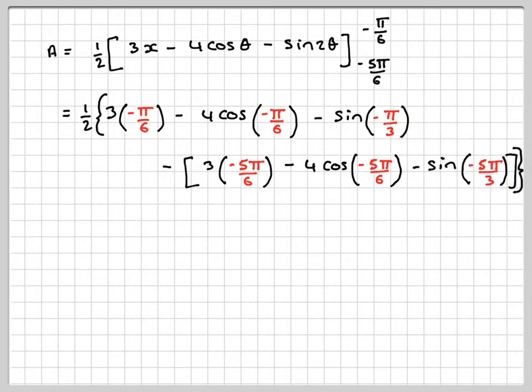Notice here, when we multiply this by 2, we get minus 2 pi by 6, which is minus pi by 3. Right, so it's going to give me a half of 3 times minus pi by 6, which is minus pi by 2.